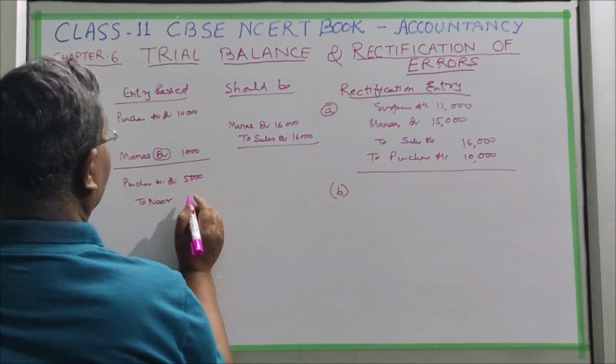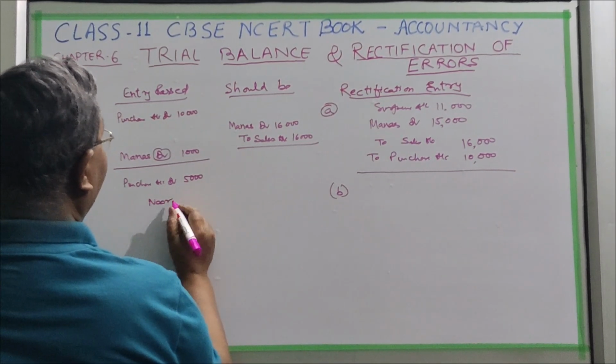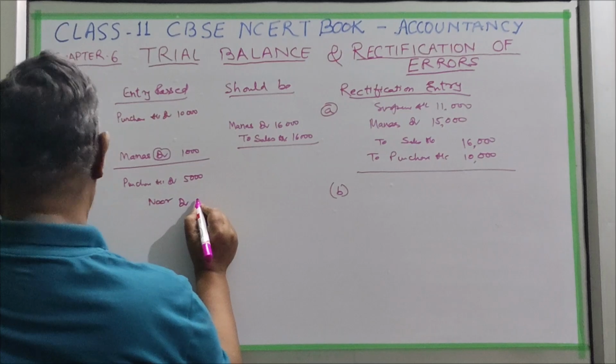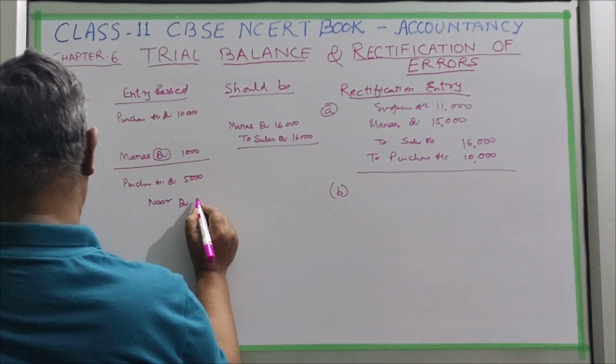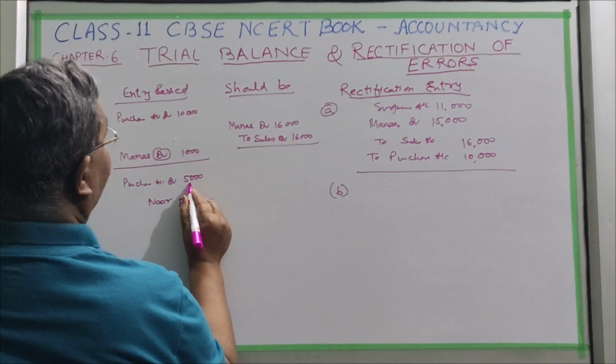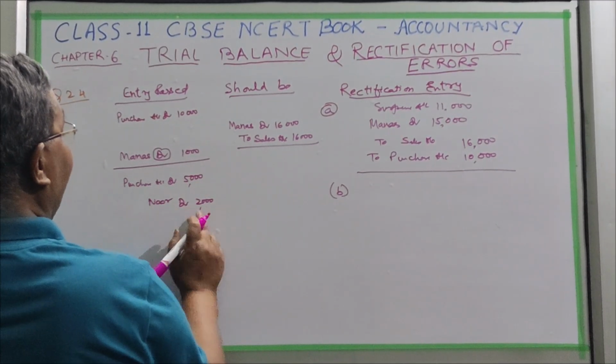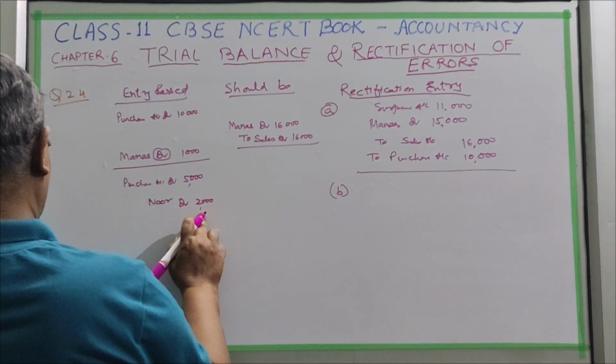But to Noor 5,000 should come here. But what you have done? You have again done Noor debit 2,000. Too much complicated. Purchase account was debited 5,000 and Noor was also debited 2,000.